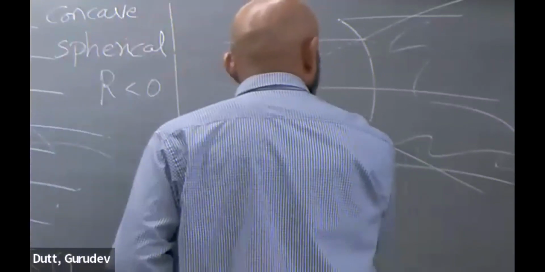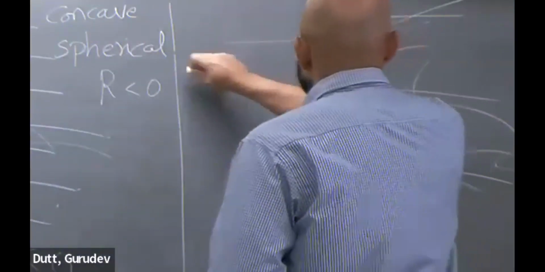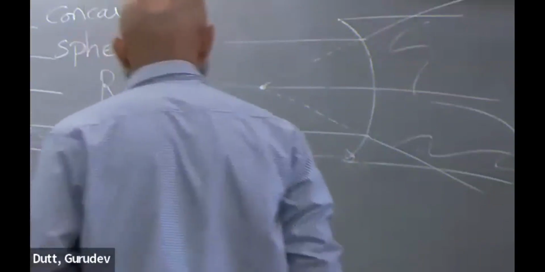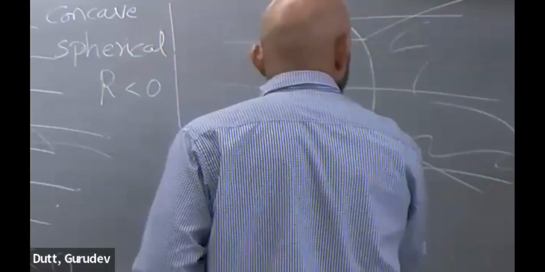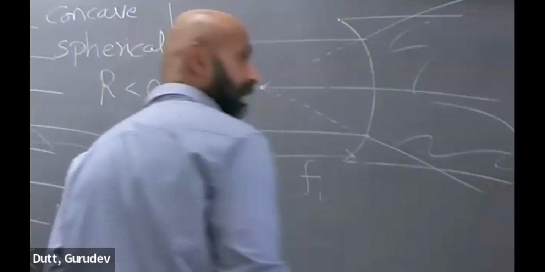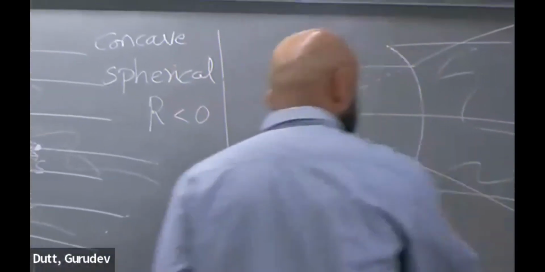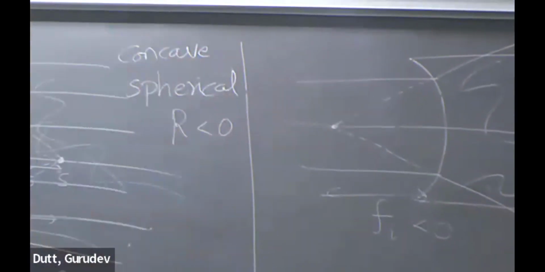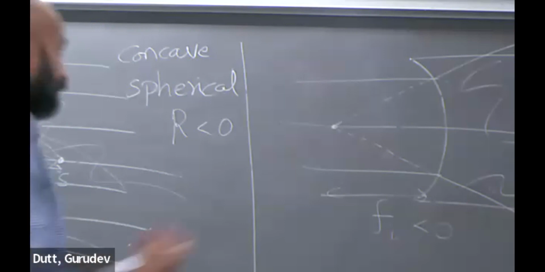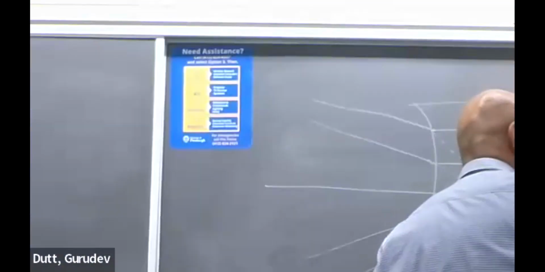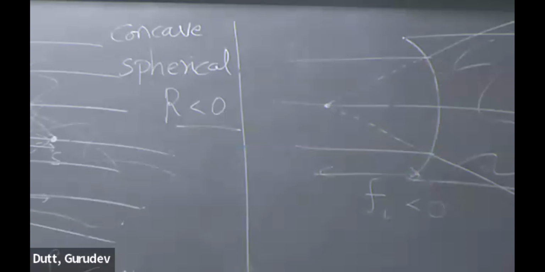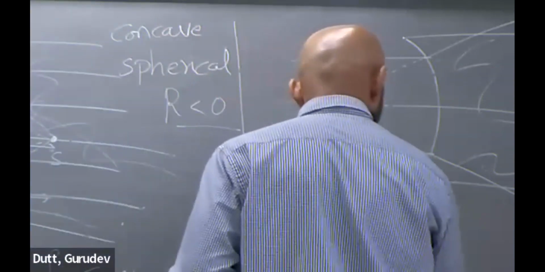Because the rays started at infinity, the object distance is now infinity, right? This distance here is the image focus, Fi, which is now less than 0 because it's to the left of the vertex V. And of course, I already said that it's a concave spherical surface, so its radius of curvature is less than 0. So this is now a virtual image.